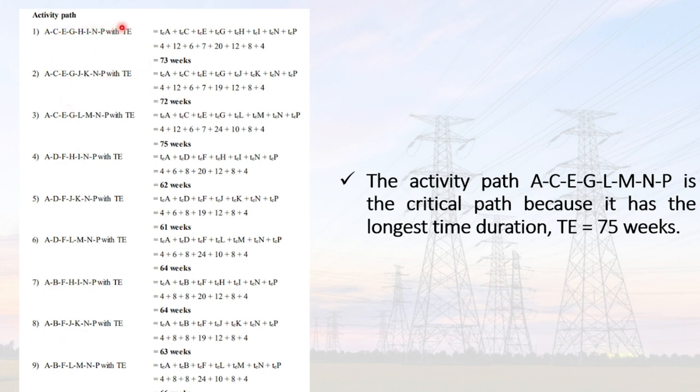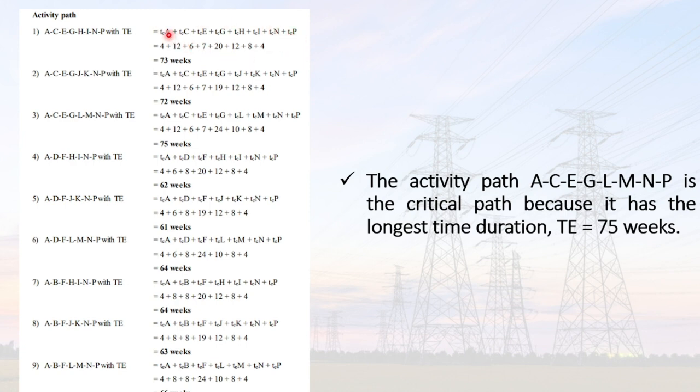By calculating the activity time for each path, like A is 4 weeks, C is 12 weeks, E is 6 weeks, and so on, we can find that the first activity path needs 73 weeks to finish the job.